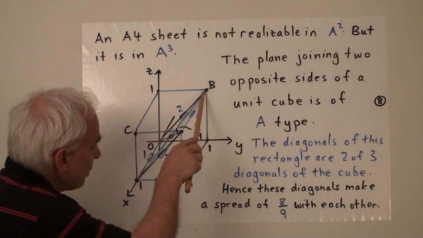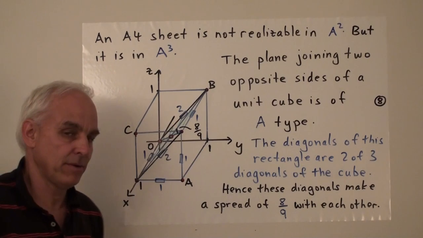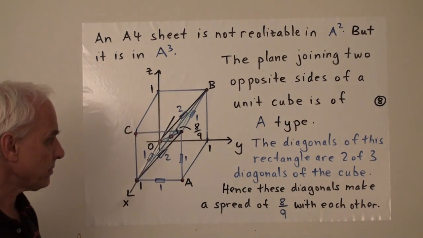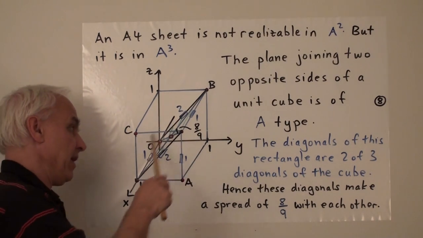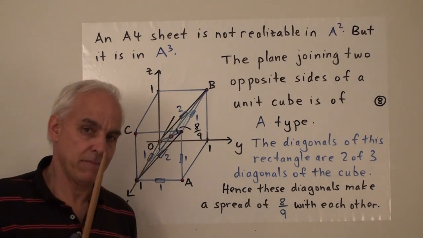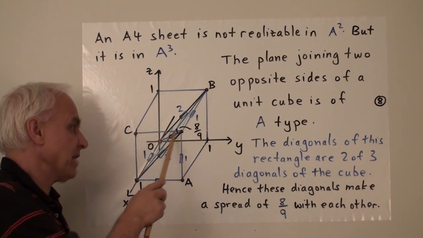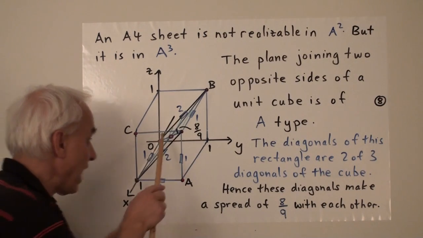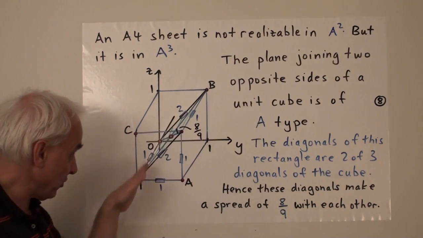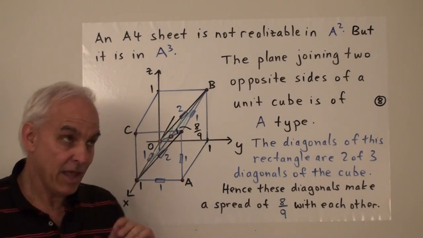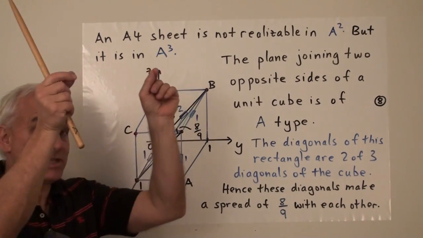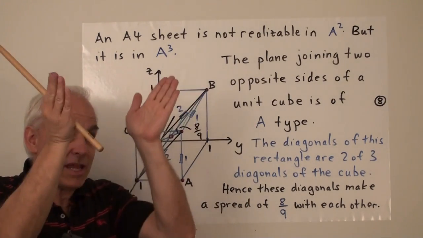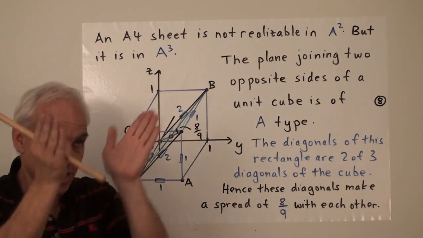And if we look at the 2 diagonals of that rectangle, then those are diagonals of the cube. And we've just established that since this is an A sheet of paper, then those diagonals have a spread of 8/9. That's telling us that in the cube, if we're at the center of the cube, which is the same as the center of that diagonal plane, and we're looking up at 2 vertices which are at endpoints of an edge, then we're seeing a spread of 8/9.